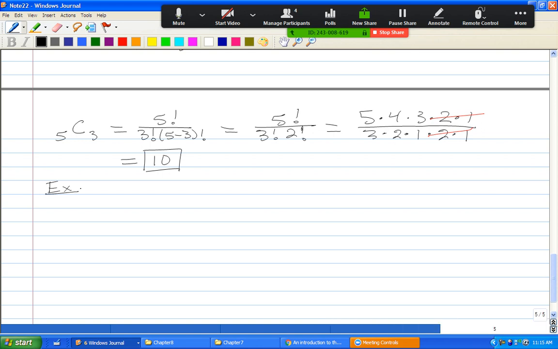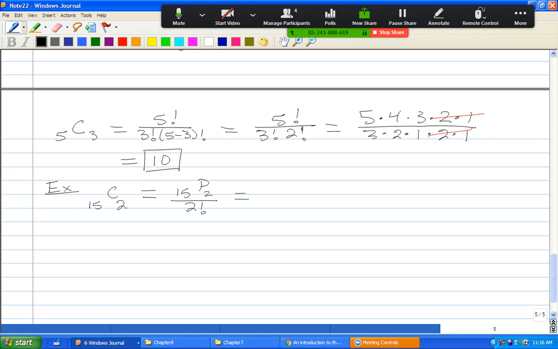Let's do another example. Okay, so let's compute that. I can think of it as 15P2 over 2 factorial. And so rather than doing the factorials, I can think of it as the number of permutations.